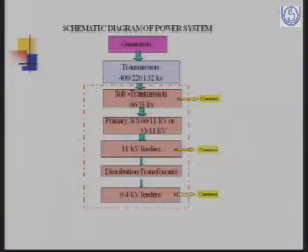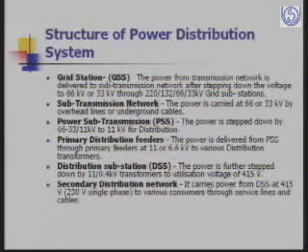And from the distribution feeders and from the poles, we have service connections taking the power from the pole to the consumer. So we divide this power distribution system into the transmission system, which is the grid substation, which consists of 220, 132 and 66 kV grid substations. The sub-transmission network, which starts from the 66 and 33 kV substation, then from where the power is stepped down to 11 kV, and from there we have the 11 kV primary distribution feeders, on which we have the distribution transformers, which are known as the distribution substation.